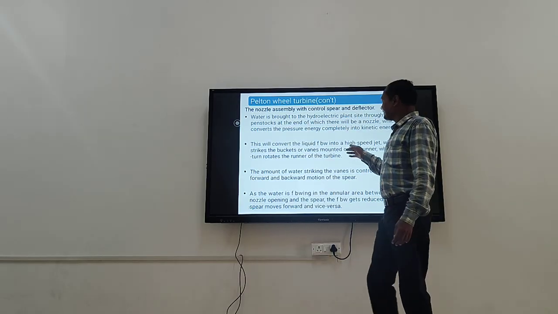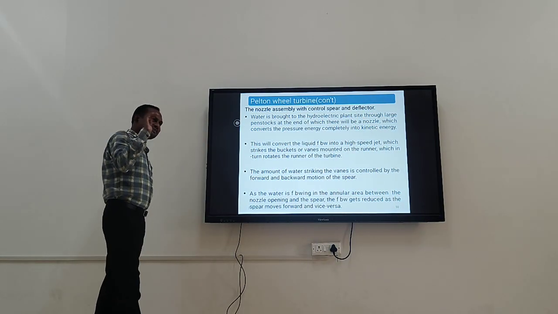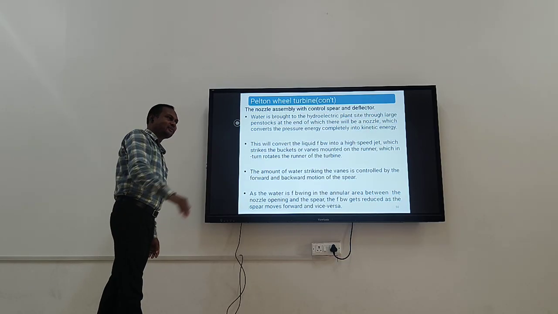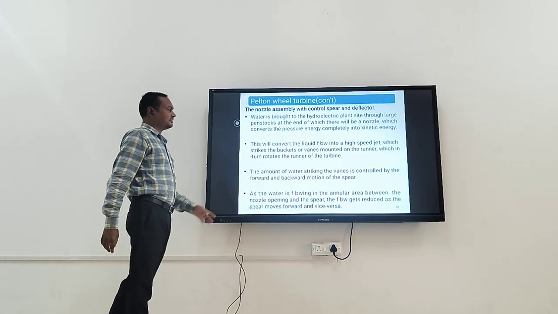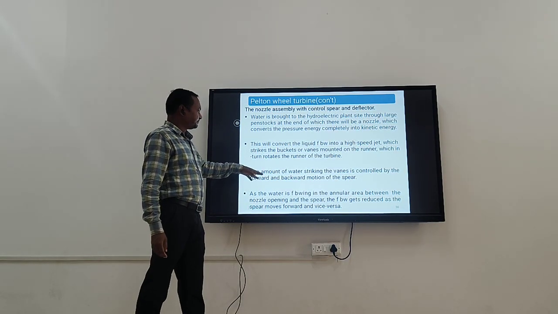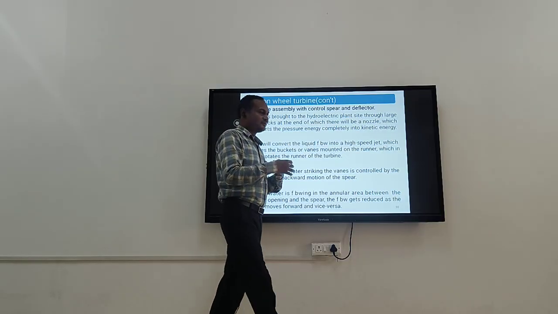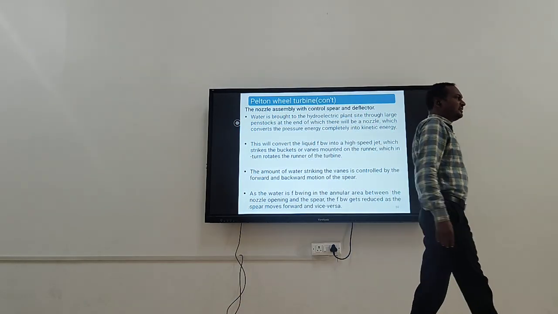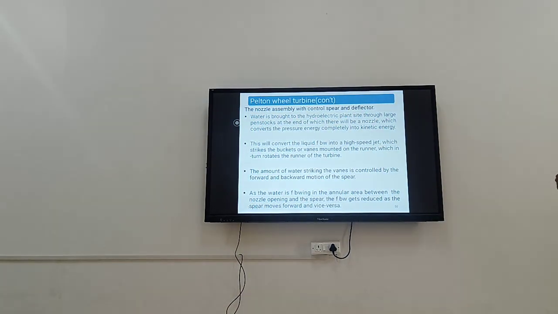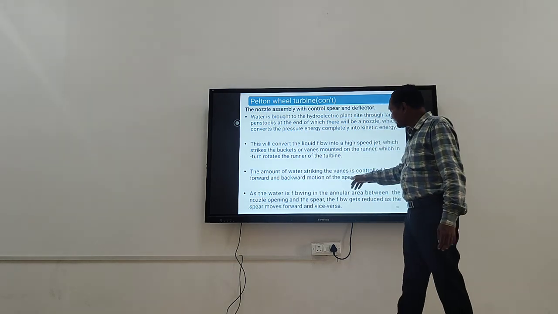So the high speed kinetic energy jet strikes into the pockets of the runner. Next, what amount of water will be striking the pockets of the runner is controlled by the adjustment of the spear.